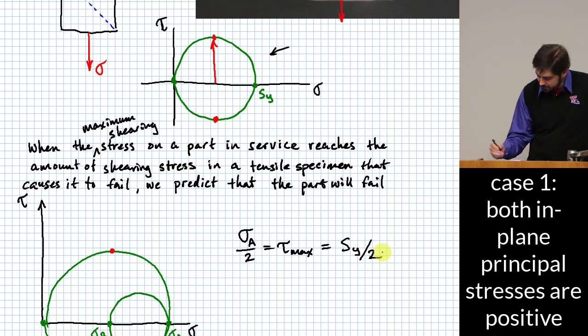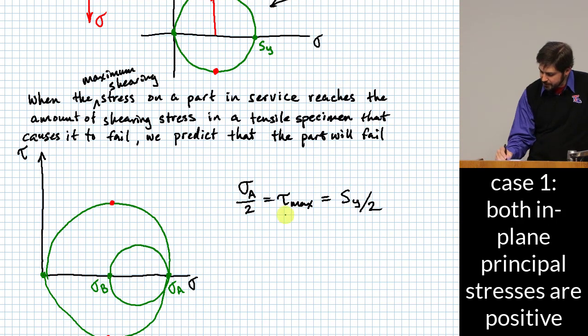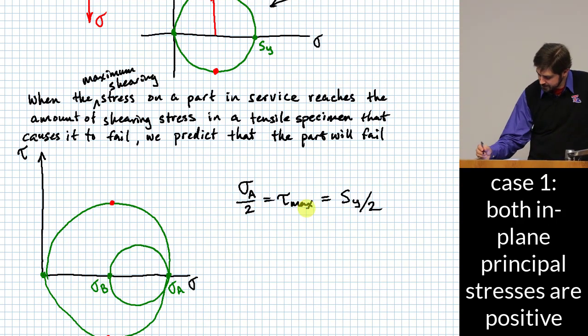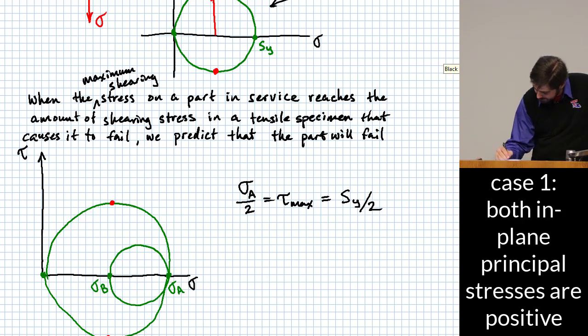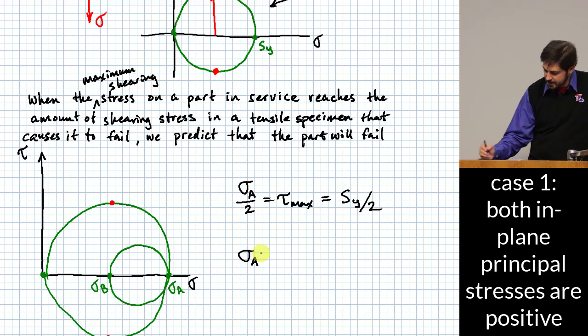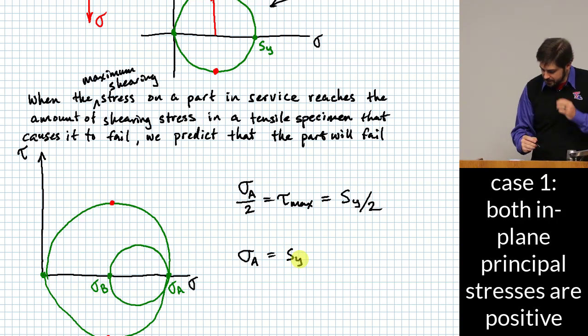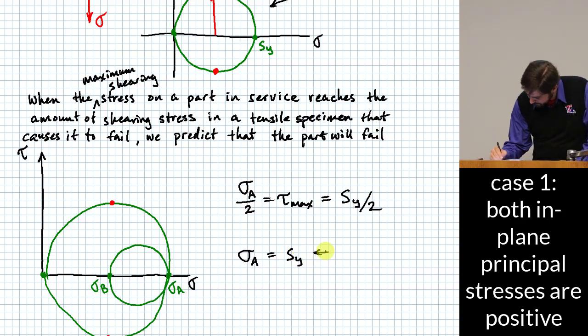Okay? And, you know, we don't necessarily care. I just put this tau max in there to indicate that that was the maximum stress that occurred in this case. So what we'll say here then is that when your maximum in-plane shearing stress equals your yielding strength, you know, we would begin to predict failure.